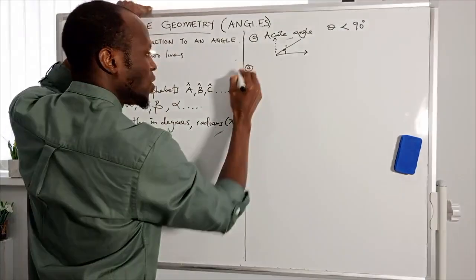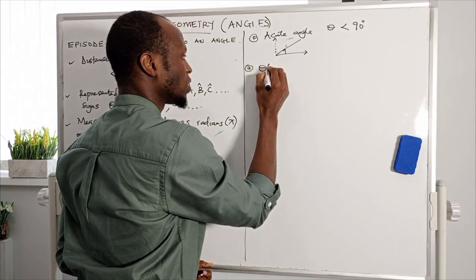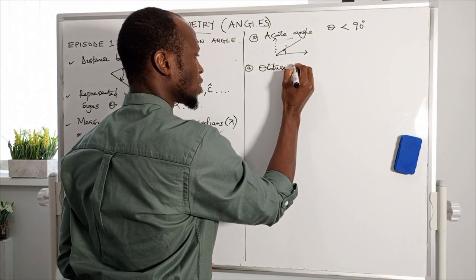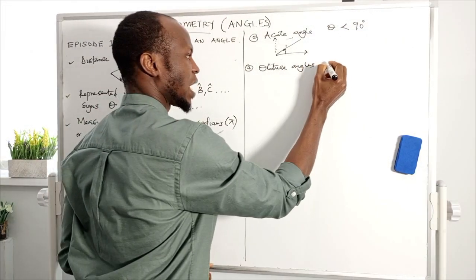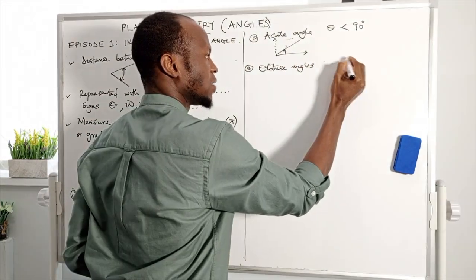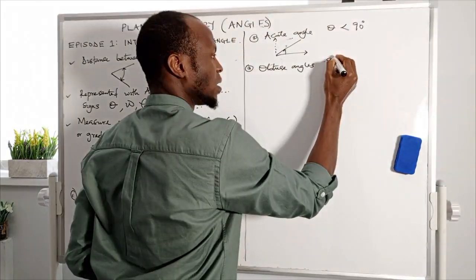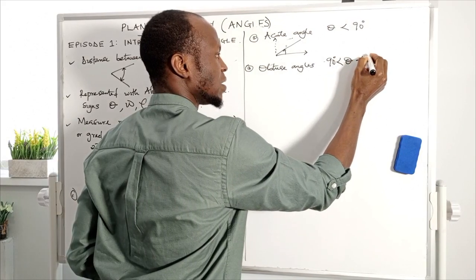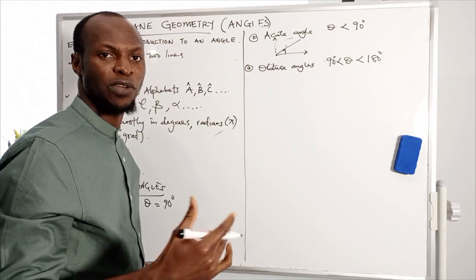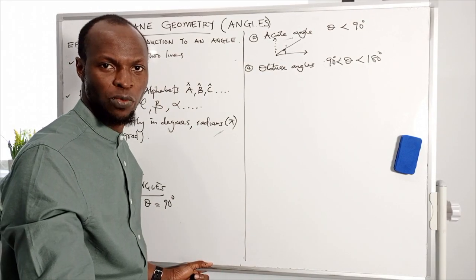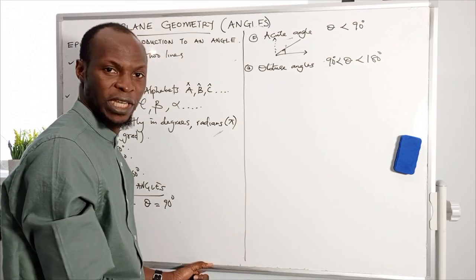Okay, number three, we have what we call obtuse angle. Obtuse angles are angles, any angle that is between 90 degree and 180 degree. They are not up to 180 degree, but they are more than 90 degree.